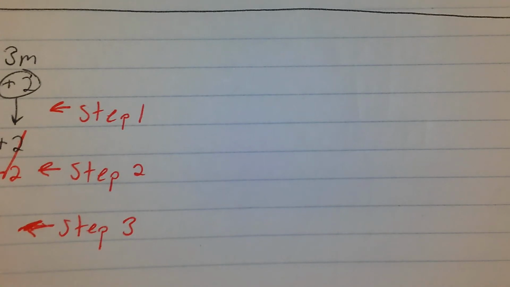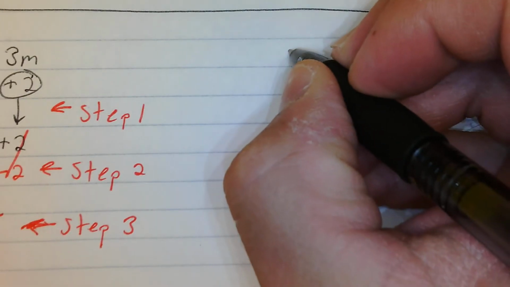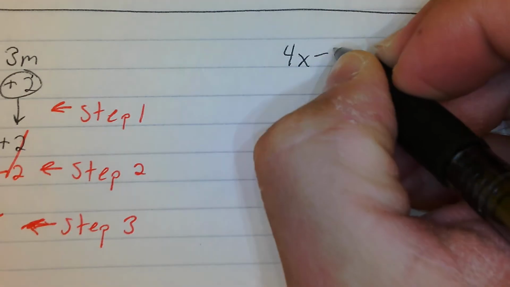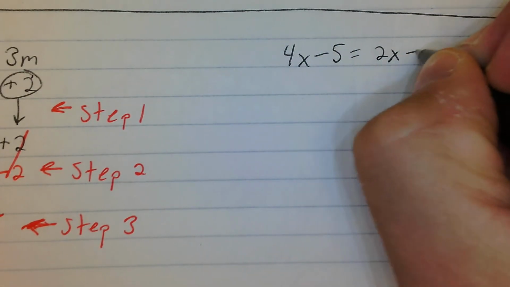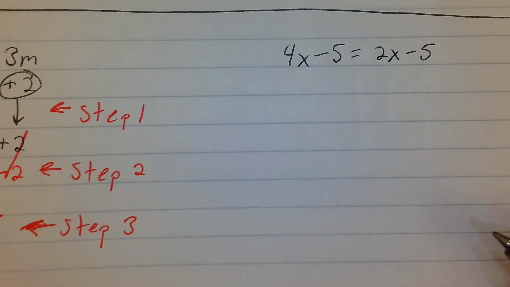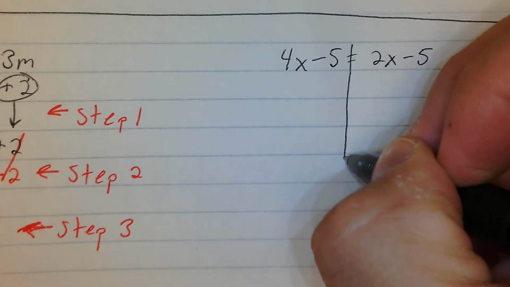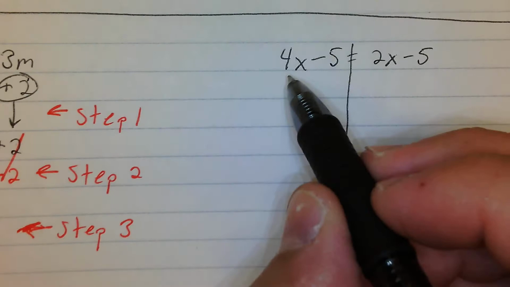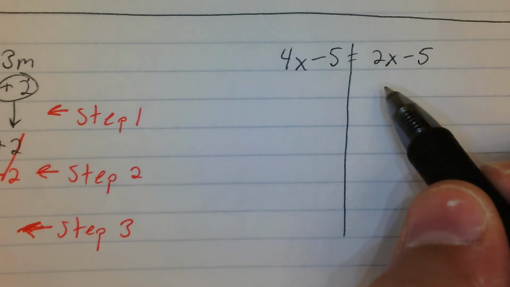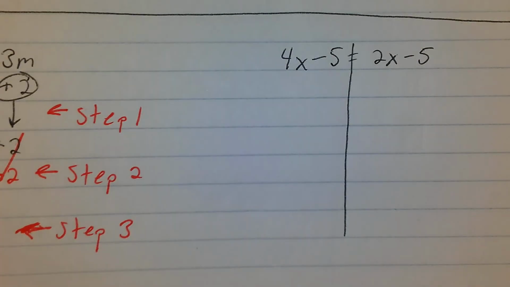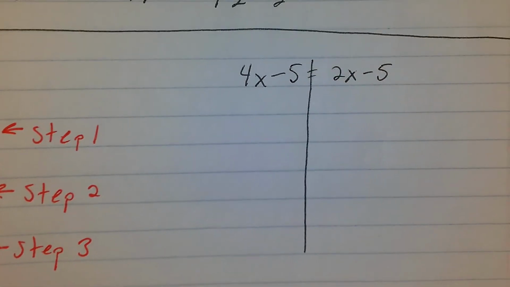So the next problem is going to be 4x minus 5 equals 2x minus 5. So again, the 4x and 2x are the variables. So the first thing I want to do is collect all the variables on one side of the equation.